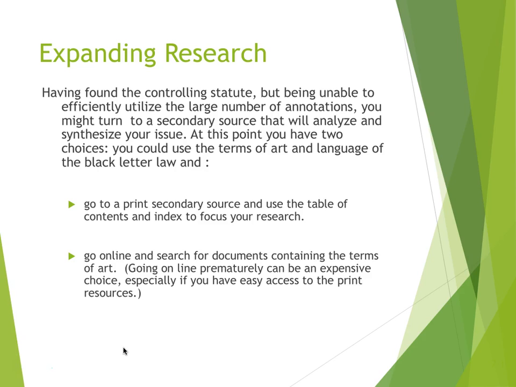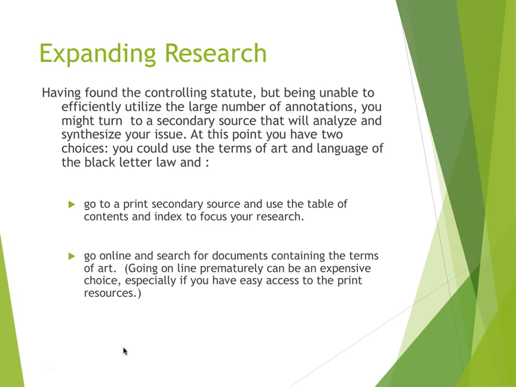Having found the controlling statute, but being unable to efficiently utilize the large number of annotations, you might turn to a secondary source that will analyze and synthesize your issue. At this point, you have two choices.